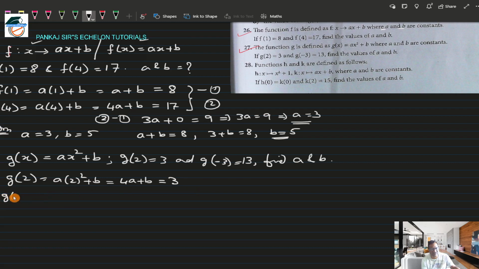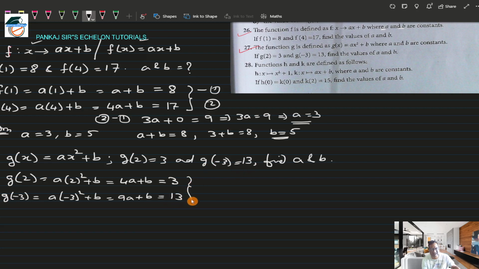Now same way, g of minus 3 will be what in this function, a into minus 3 square plus b. Now this will work out to 9a plus b, and this value of g of minus 3 is given to me as 13.